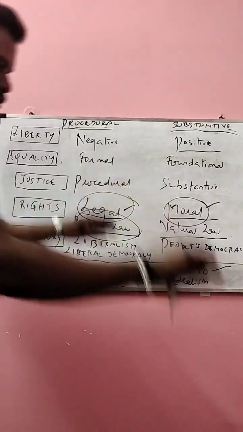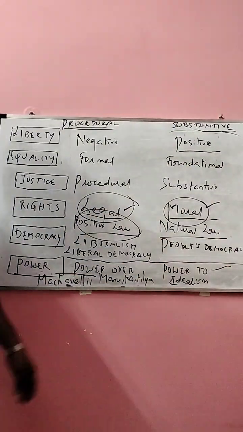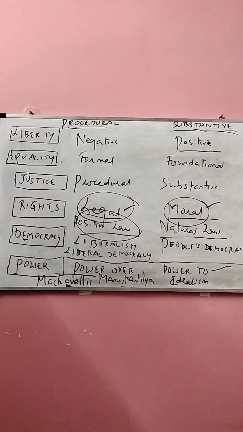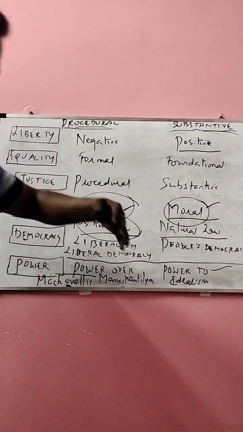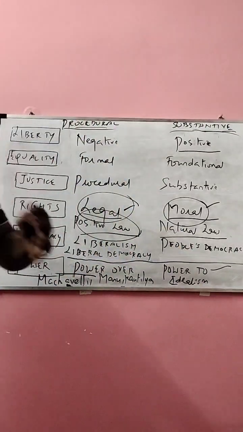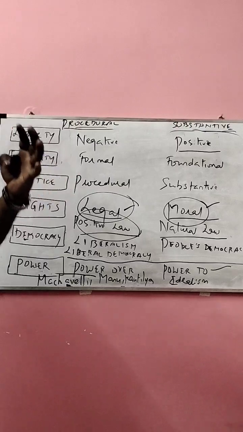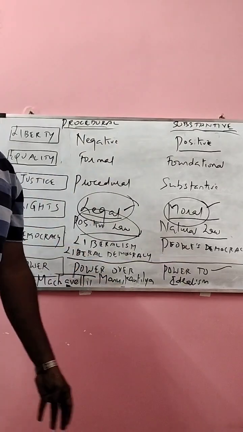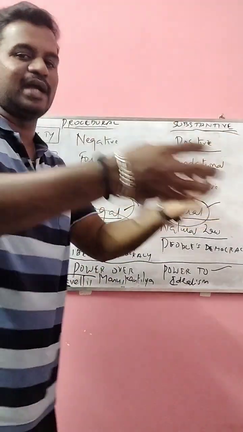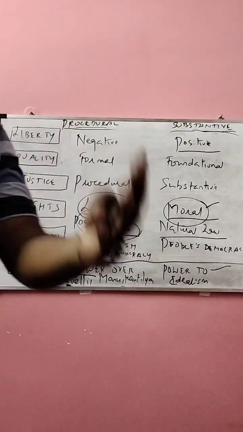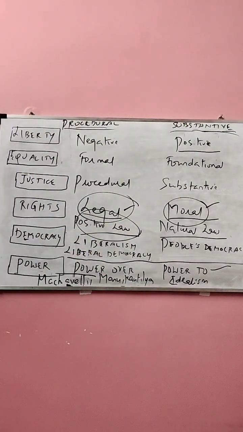Okay, now what is power to? I explained power over. Power to means people coming together, collectively forming a group, and they are using power in a constructive manner for development. This is called power to.